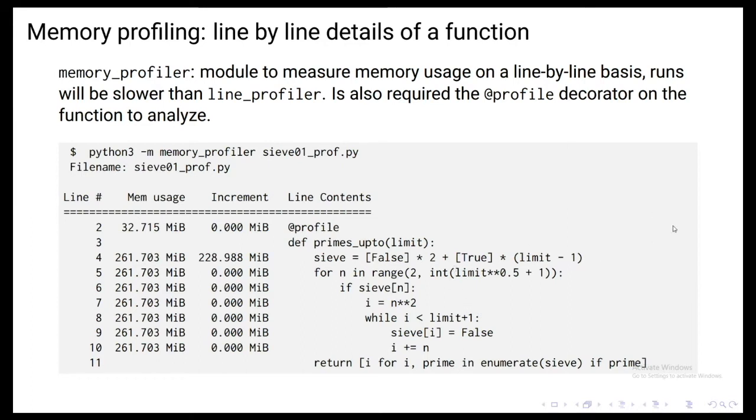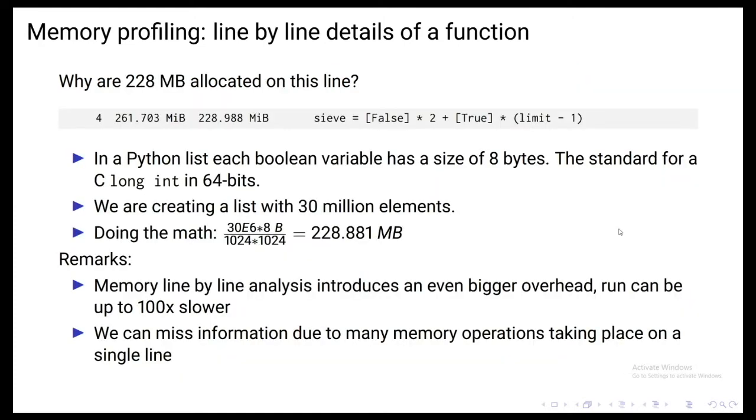But take into account that it will be even slower than the line profiler, so it can be up to 50, 100 times slower running this profiler attached to your code.